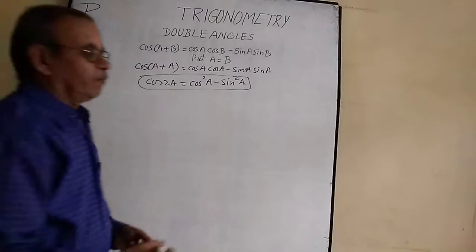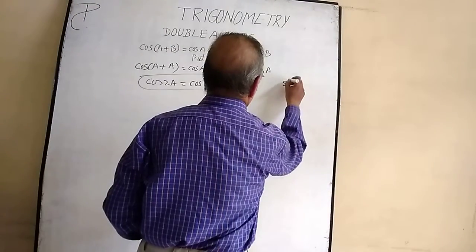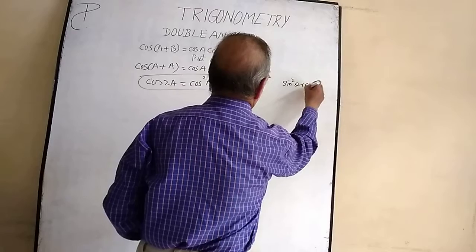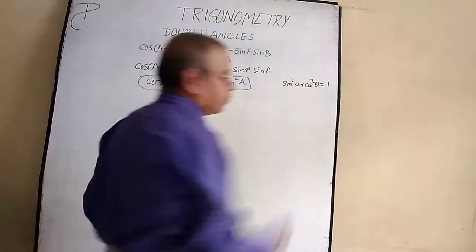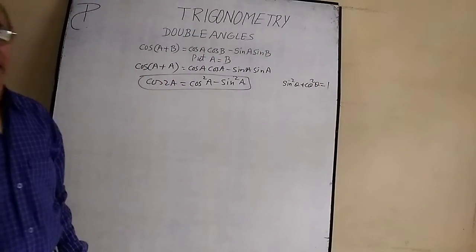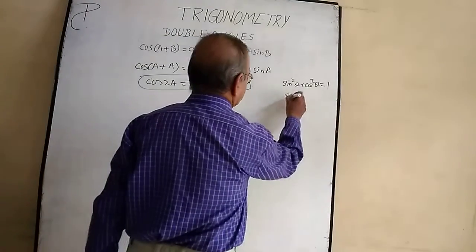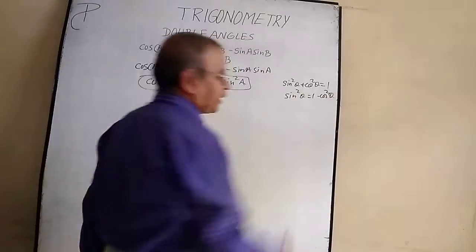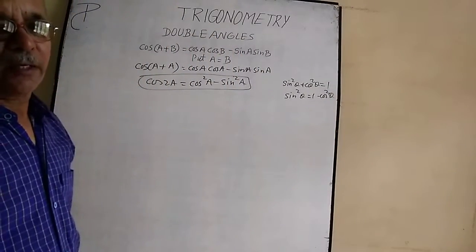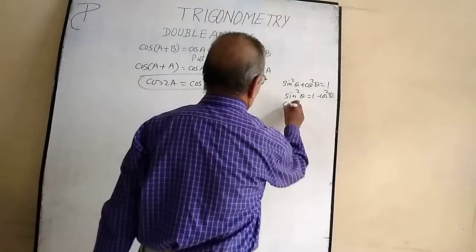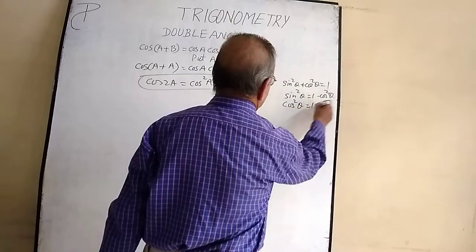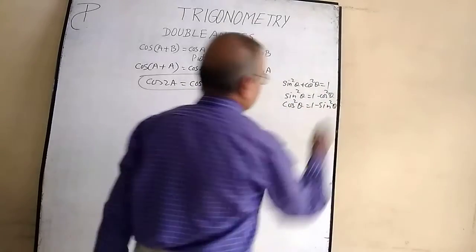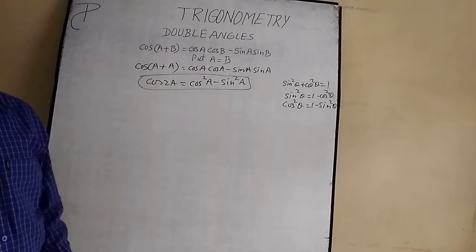Now we know that sin square theta plus cos square theta is equal to 1. So sin square theta is equal to 1 minus cos square theta, and cos square theta is 1 minus sin square theta.